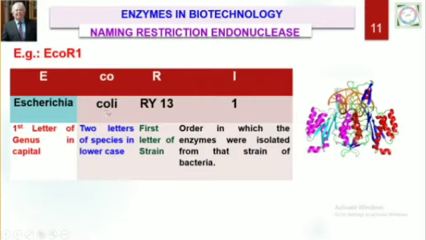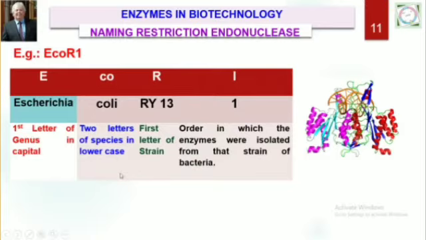Then comes the first letter from the strain. The strain we talk about is RY13. And the last Roman numeral I indicates the order in which the enzymes were isolated from that strain of bacteria. That's how we get the name EcoRI. Right? There are some other examples.